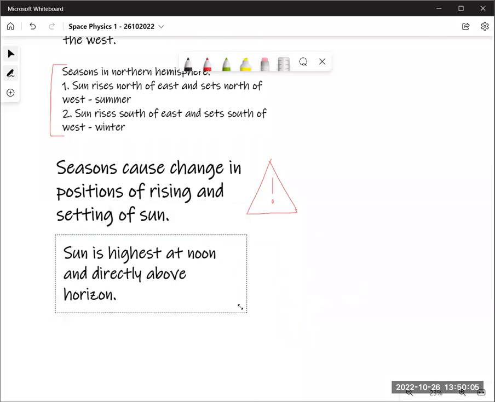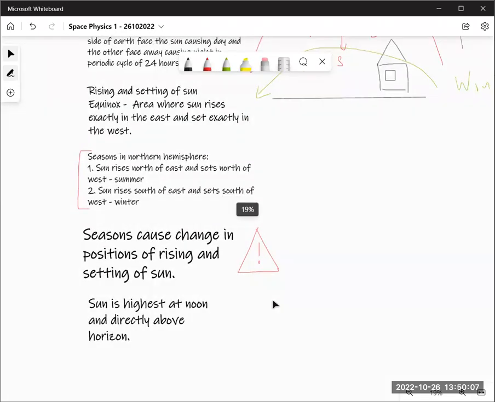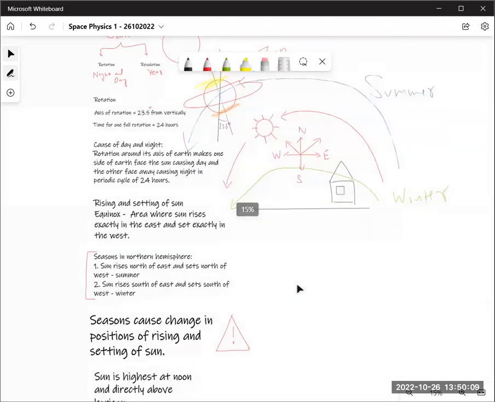Sir, can you show the diagram, the one with the house and everything? Yeah. Now, you should make this diagram, by the way. It will help. All you have to show is winter is below, summer is higher. That's it.